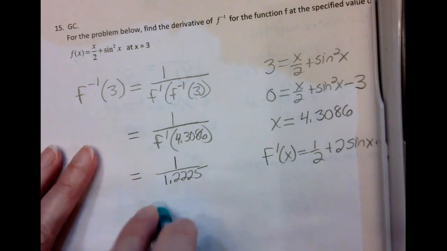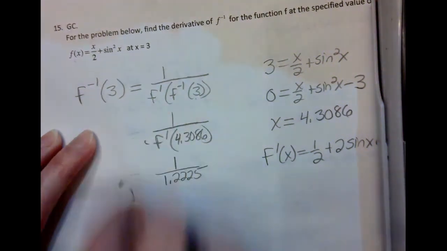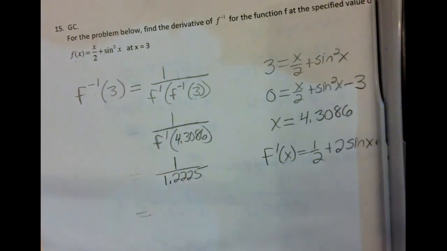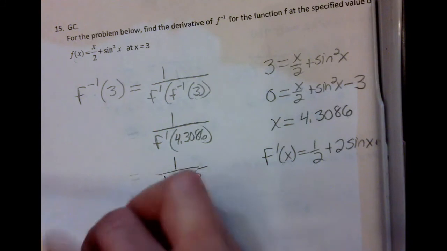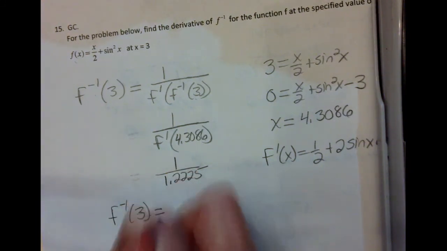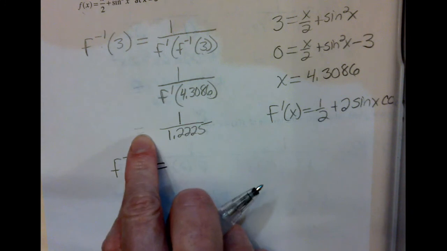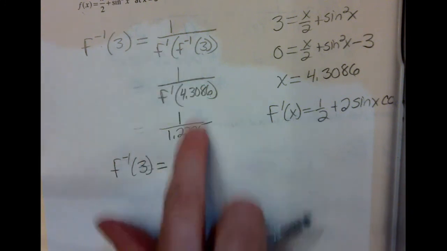So actually let me erase all these equal signs because this is a rounded value and I don't want to say that those are specifically equal. I'm just going to traipse my work down here. And when I get to the inverse at 3 at the very end, this is where we have to have at least 3 place decimal accuracy. By erasing those, I'm not saying that they're all equal because technically they're not.